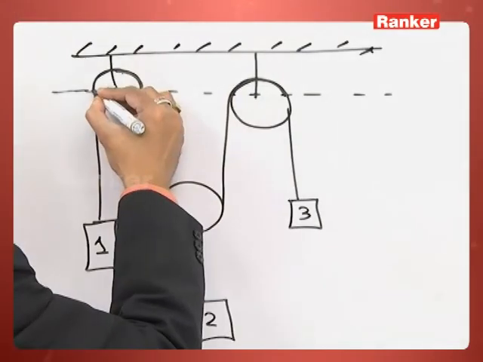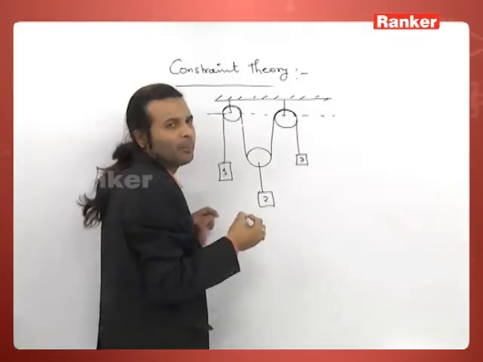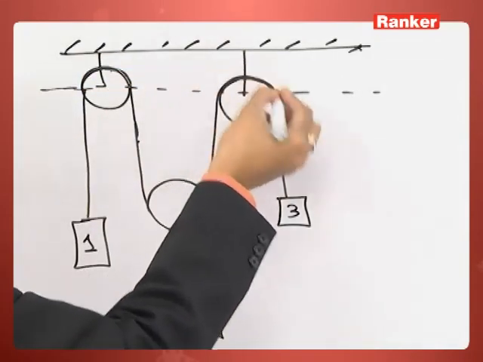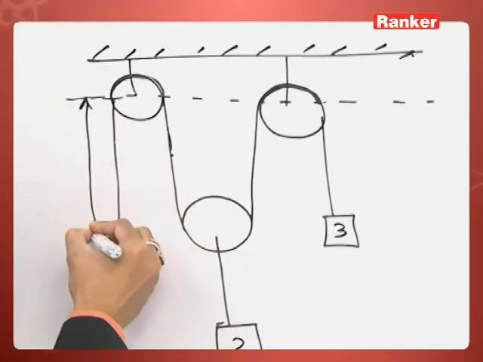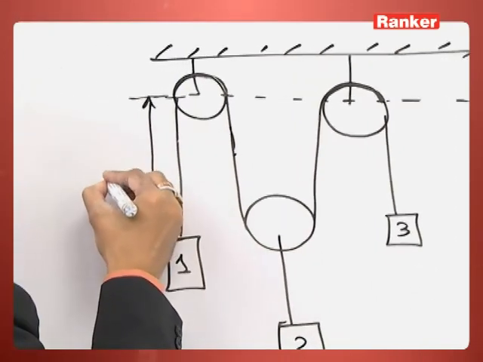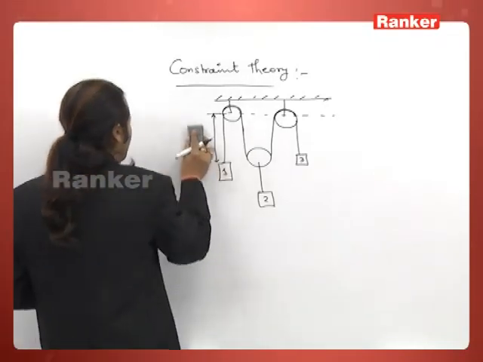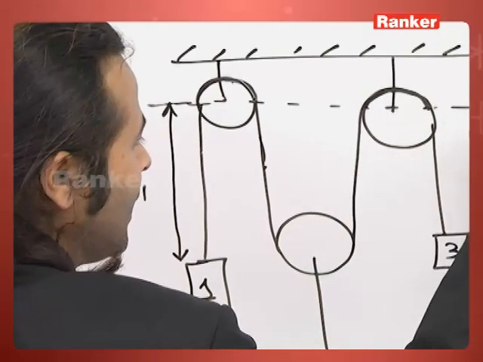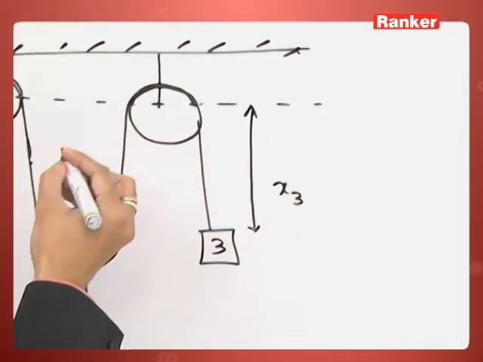So I will not consider this wrapped part of the string while taking the length of the string, because anyway this part is constant. So let us say this displacement be L1, or I will take x1, that will be fine for me. I take this as x1, this as x3, and this as x2.